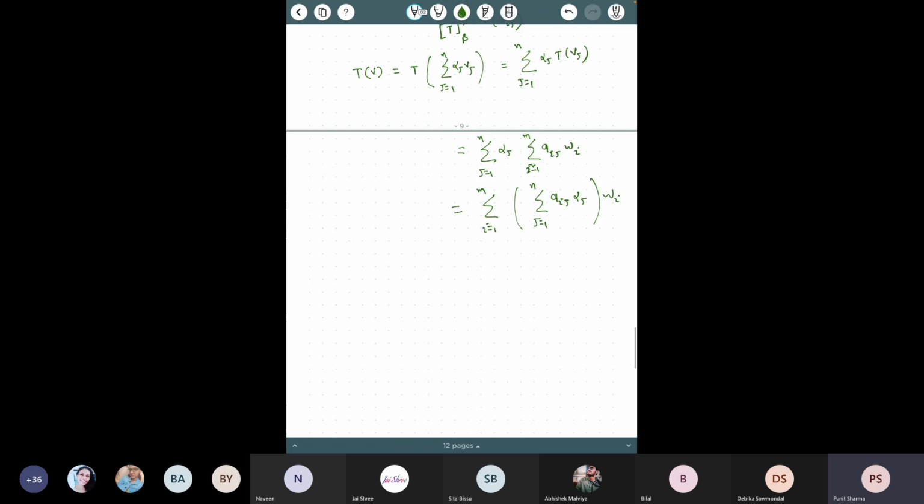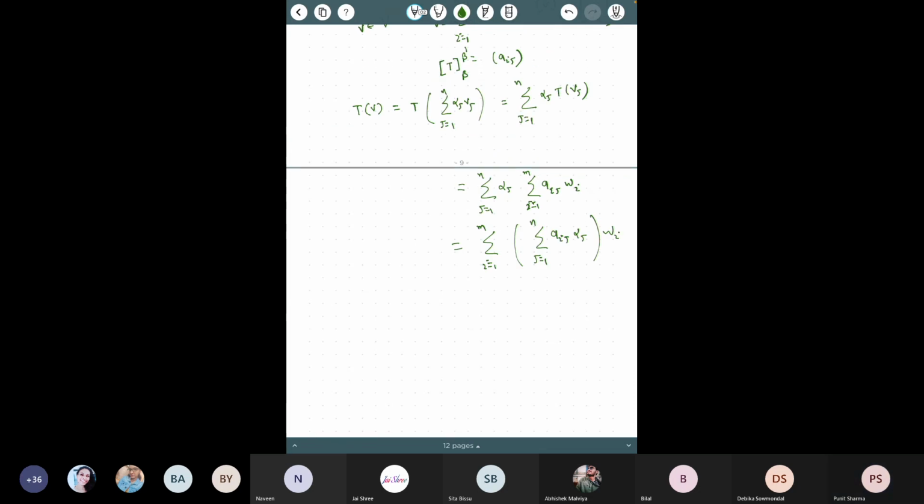But are you done with this? Can you say something from this now? Now, we have written T of V as a linear combination of these Wi's. So that means we know the matrix of T of V with respect to B dash. What it is? If you look at these, what would be the first element?